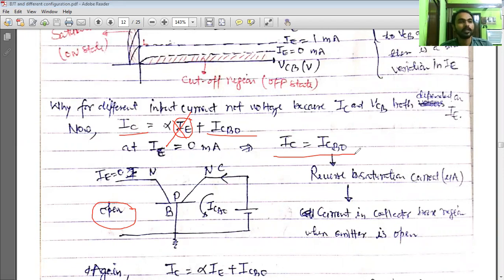Remember, it's a very small current, in the microampere range. So this is the current in the collector base region when the emitter is open. This end is open, that's why the input current is 0. Whatever current you get in this region is called IC, and that is very much similar to ICBO.